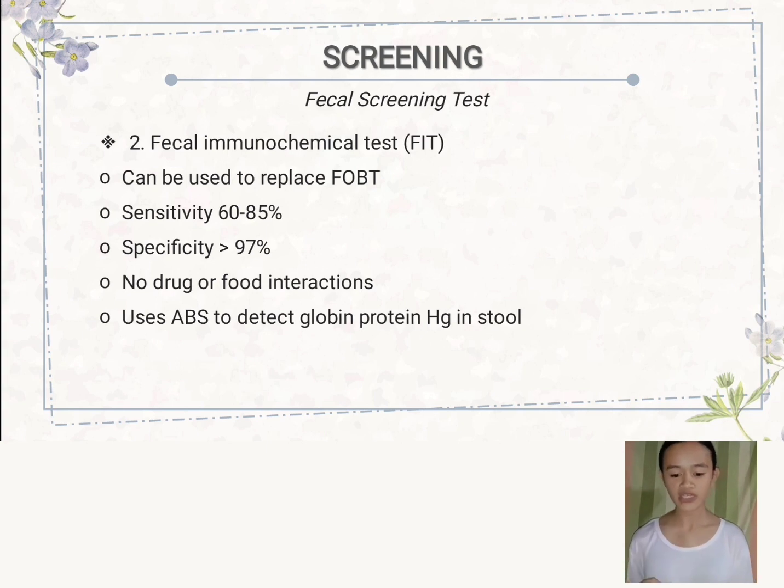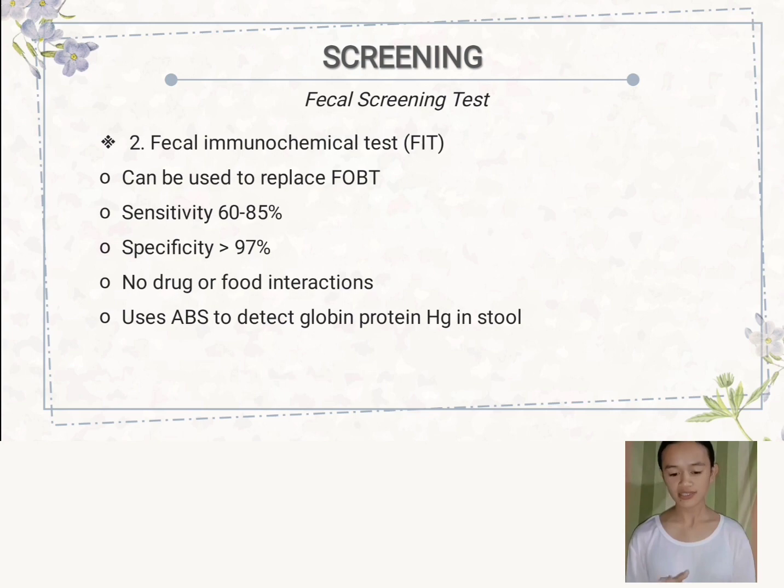Number 2, the fecal immunochemical test or FIT can be used to replace FOBT, sensitivity 60 to 85%, specificity greater than 97%, no drug or food interactions, uses antibodies to detect globin protein Hg in stool.